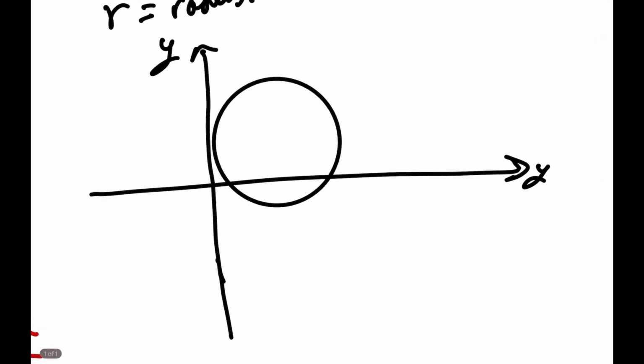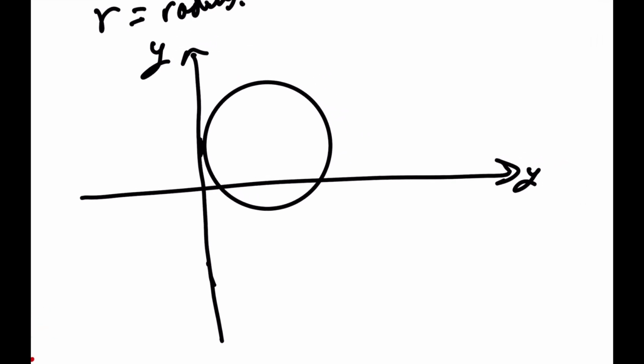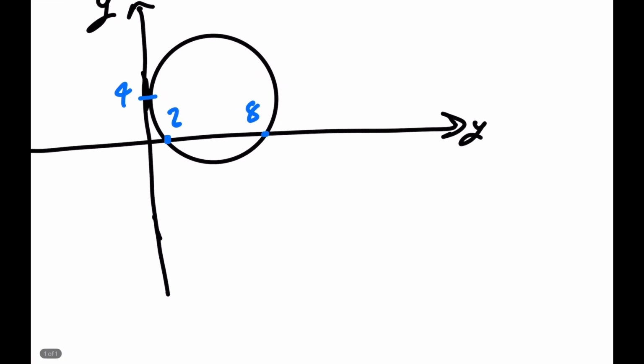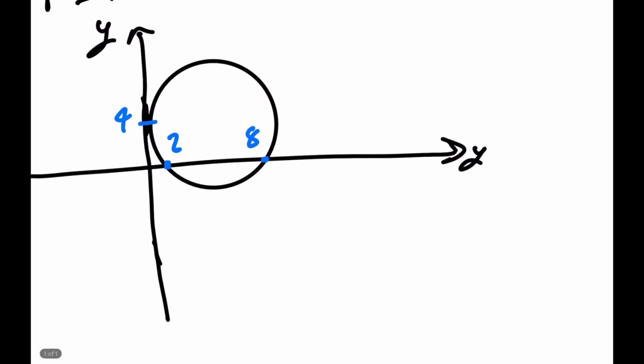Okay, and make sure there's an intersection there, but this is a bit badly drawn. And the circle intersects at 2 on the x, 8 on the x, and on the y, it is at 4. So let's find the equation of the circle.